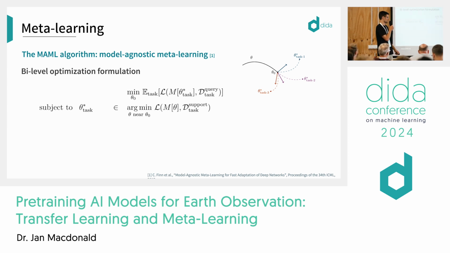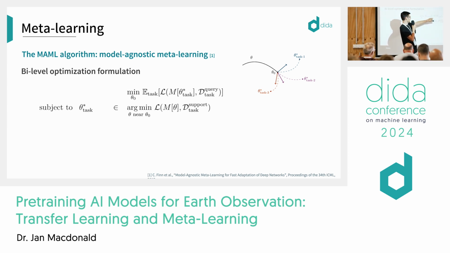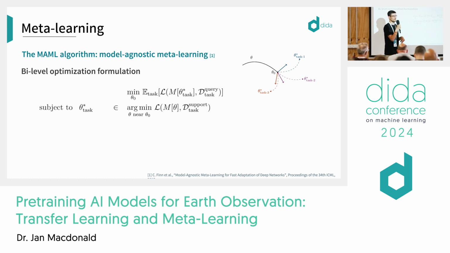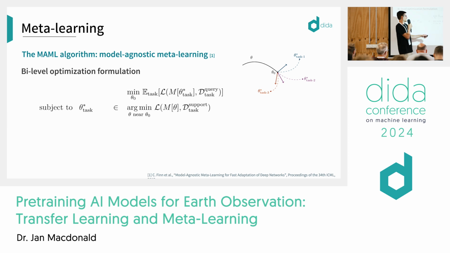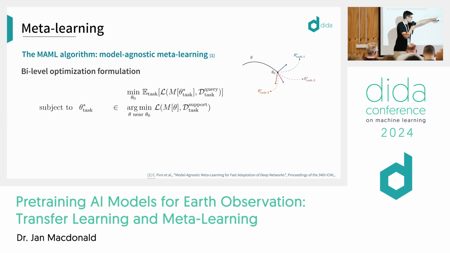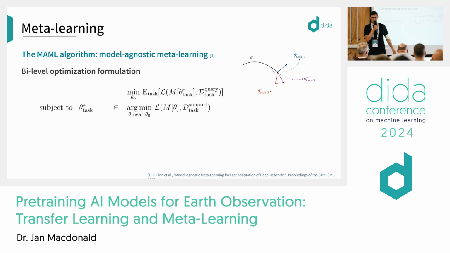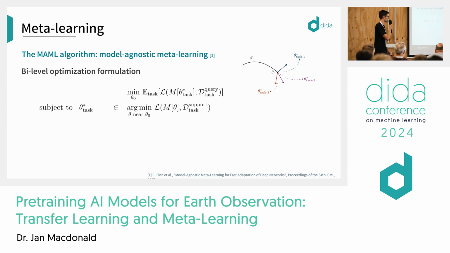So you have this outer optimization that tries to minimize some loss function where we evaluate the task-adapted models on their query dataset, and the parameters for the task adaptation are subject to being the solutions of an inner optimization. And yeah, the notation is a bit vague here. What does minimizing near some value mean? So the idea is, this is a non-convex problem. We might not exactly be able to solve it anyway and only move towards a local minimum.